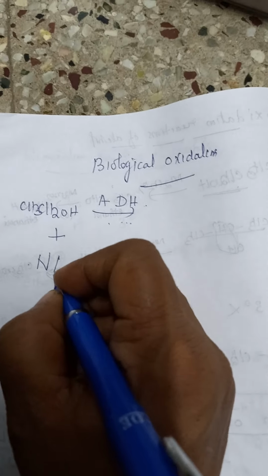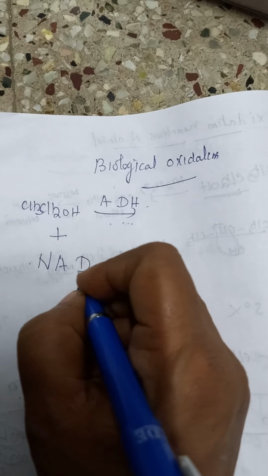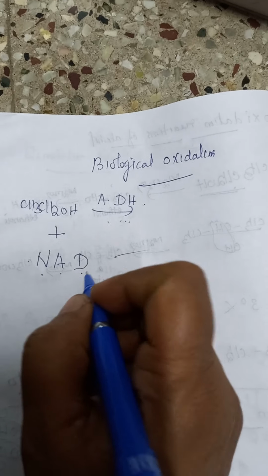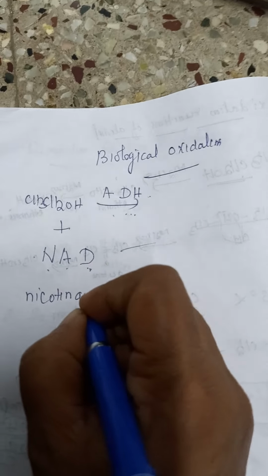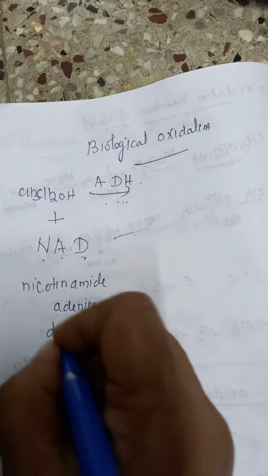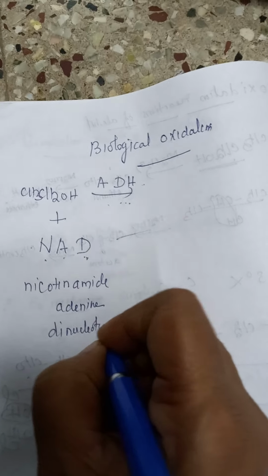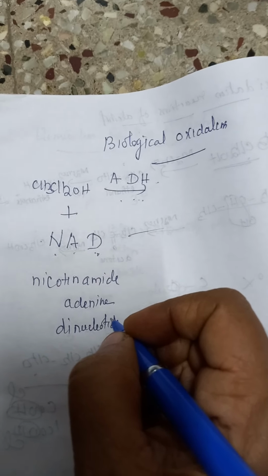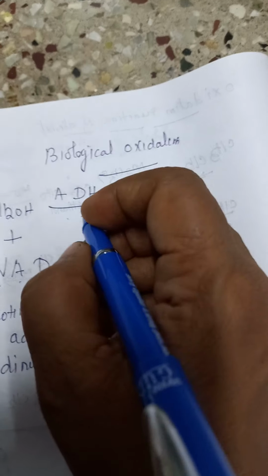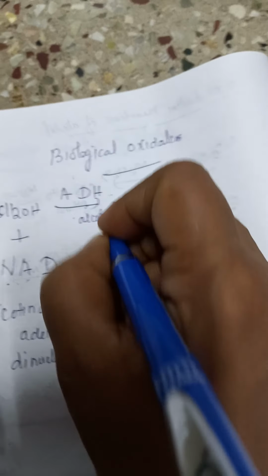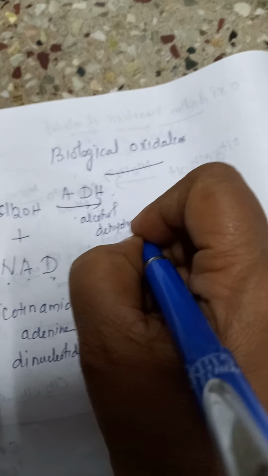Nicotinamide adenine dinucleotide is one of the oxidizing agents present in animals, and ADH, alcohol dehydrogenase, acts as a catalyst.